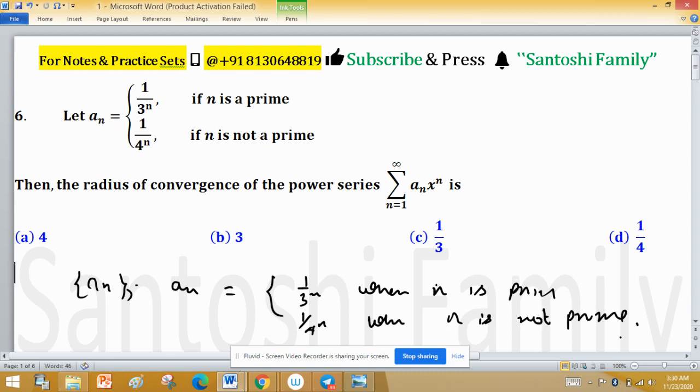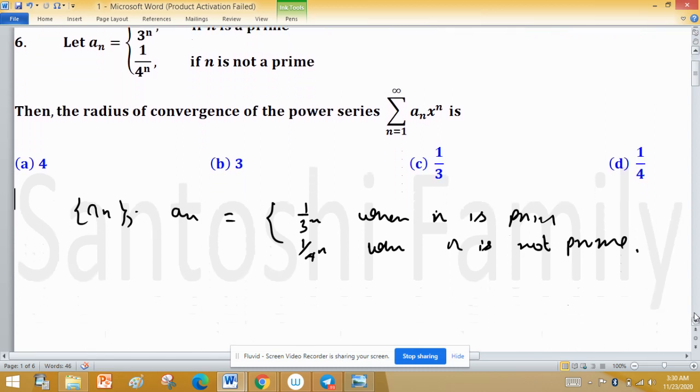So the terms of sequence a_n can be obtained by these two formations, 1 upon 3 raised to the power n type and 1 upon 4 raised to the power n type, and we have to find the radius of convergence of the power series a_n x raised to the power n.